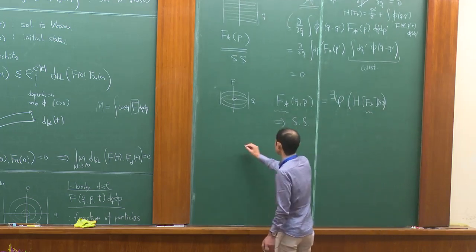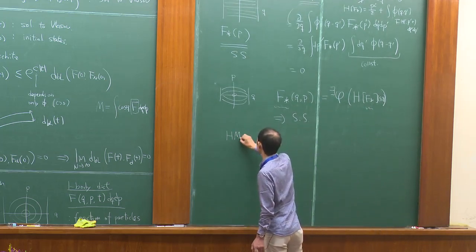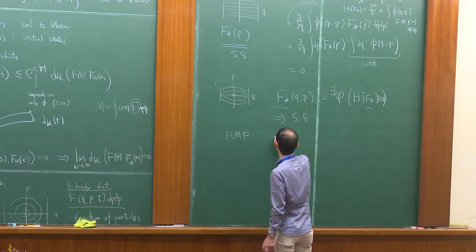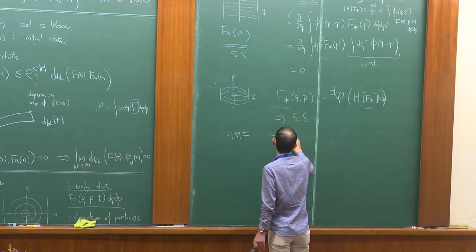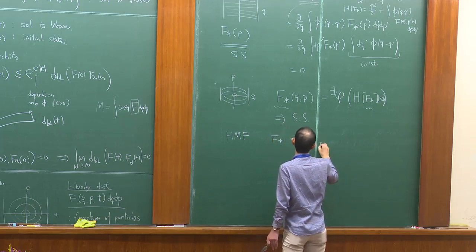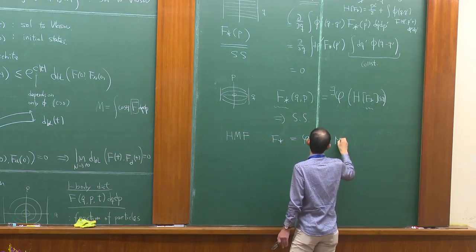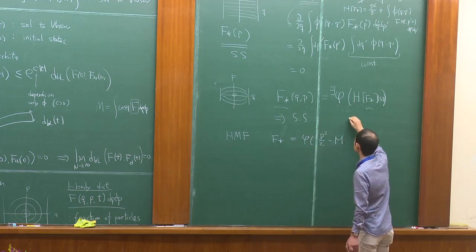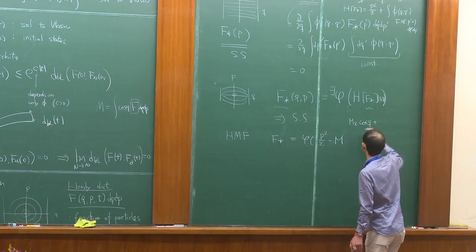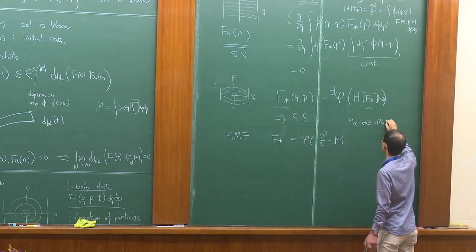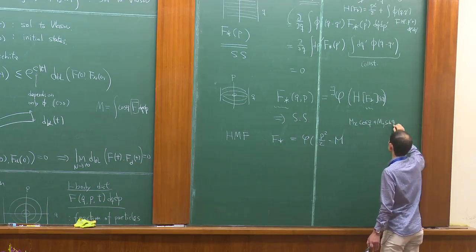So in the case of HMF, what happened? So this equation is F star equals phi. Now the Hamiltonian is more or less something like this. Sorry, the potential part is like this.